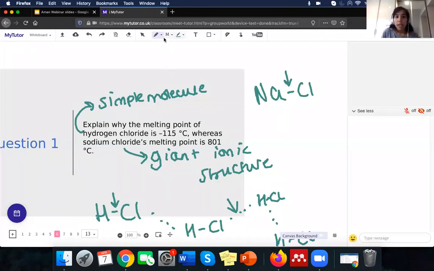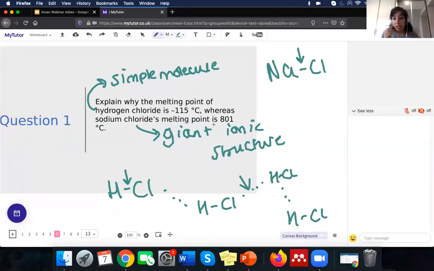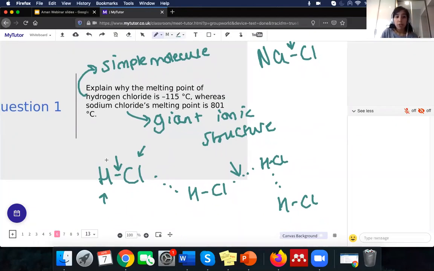Someone is saying, isn't HCl a compound? Exactly, it is. Remember I mentioned earlier that simple molecules can either be elements or compounds, depending on whether they're made of more than one element. HCl is made of a hydrogen element and a chlorine element, so it's a simple molecule and also a compound. Okay, so we've answered this question.